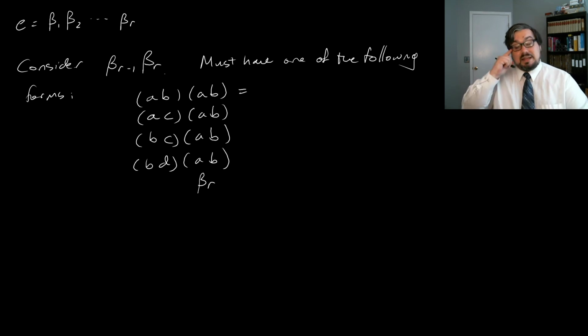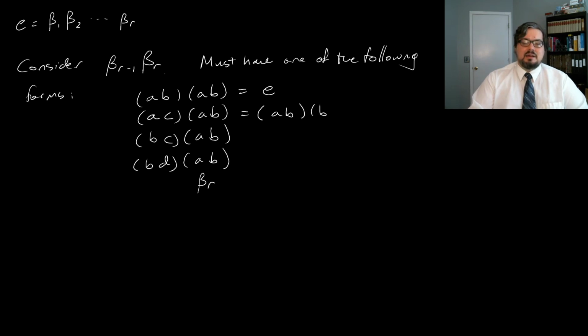And each one of these can be written in a different way. So AB times AB is just the identity, because as we mentioned before, any transposition is its own inverse. And then it turns out that the product AC times AB can be written as AB times BC. And you can check that these two are the same function.